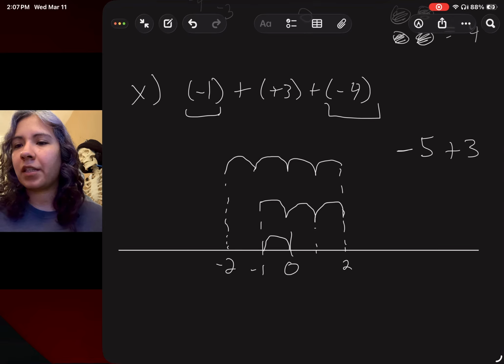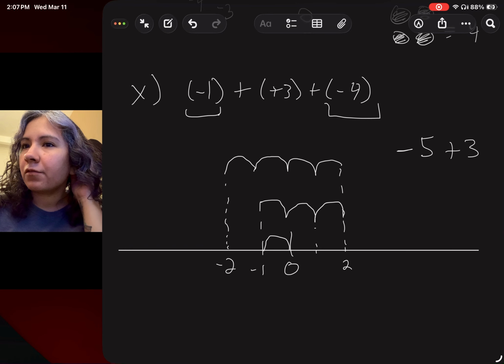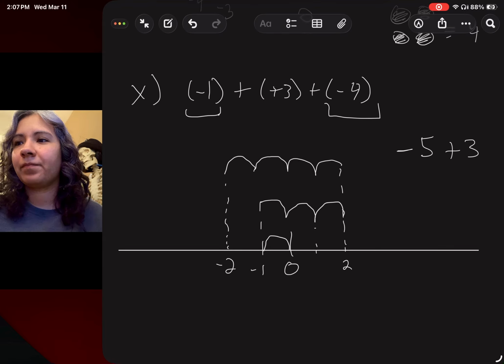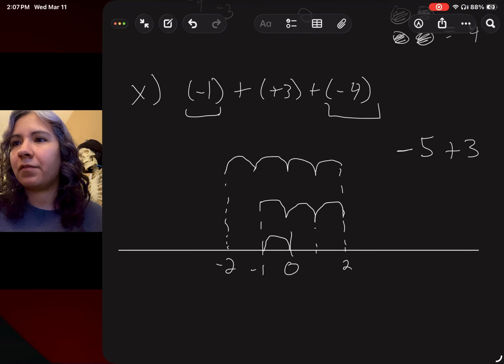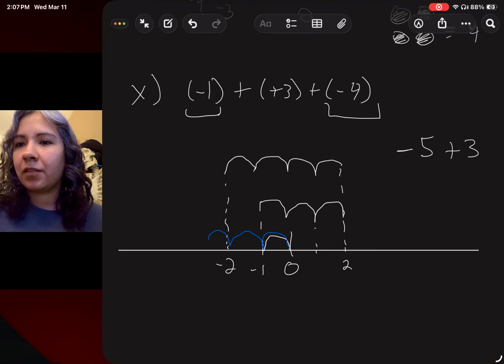So this is the same as if you went over, on the number line, the -1 and then the -4. 1, 2, 3, 4. Here's 2, 3, 4, 5, -5.